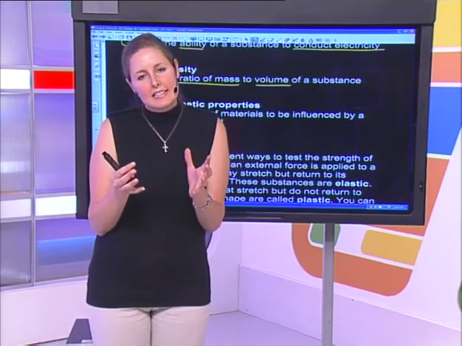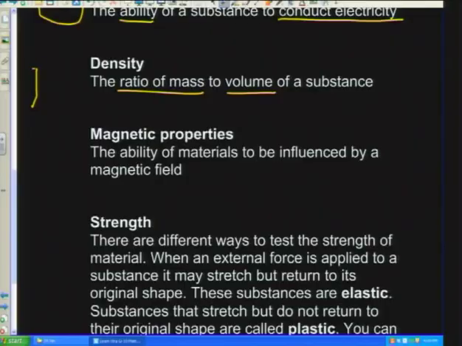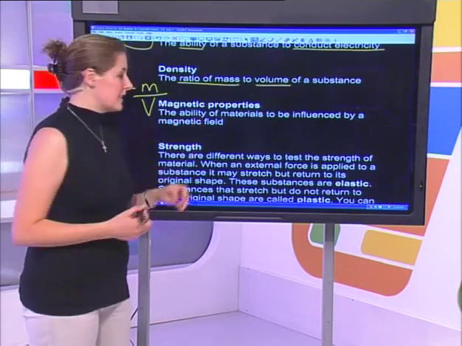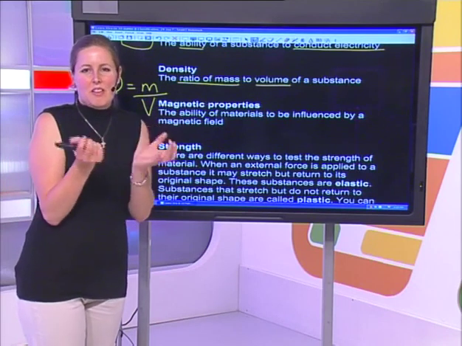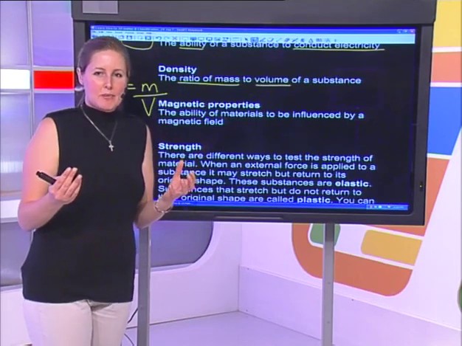So when you're speaking about density, I'm going to write an equation down here: density, capital D, is equal to the mass divided by the volume. And it's often measured in grams per cubic centimeter. The mass, we're speaking about the amount of matter, okay? Whereas the volume is how much space it takes up.